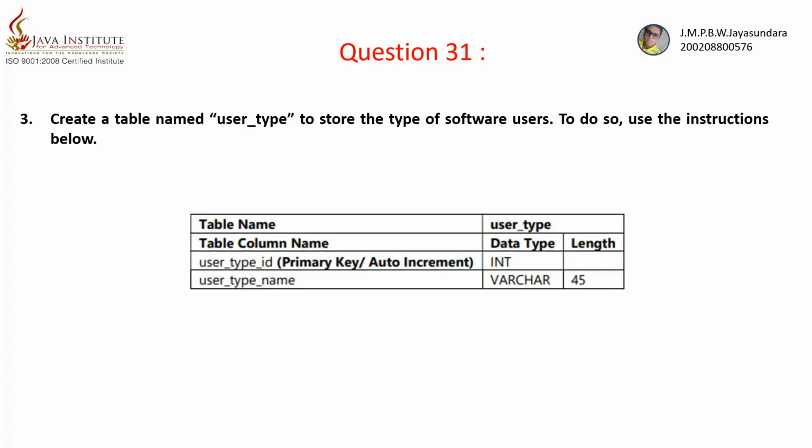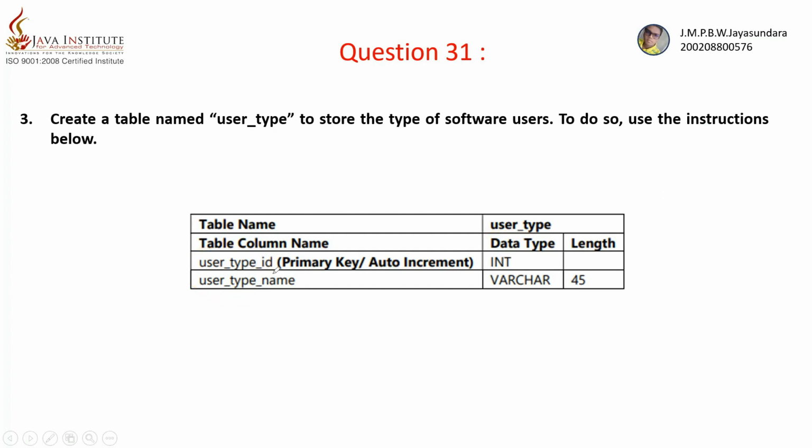Here we have our third question. It says create a table named user type to store the type of the software users. To do so, use the instructions below, and they have provided us with the necessary instructions. Table name must be user type and here we have two columns: user type ID and user type name.